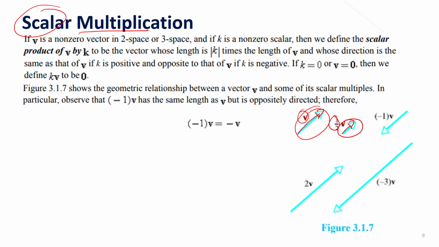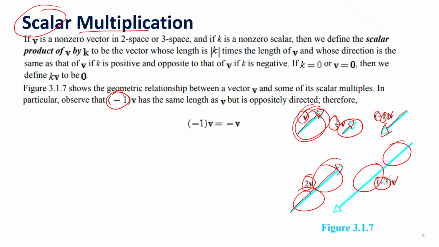But when you multiply it by a negative value, instead of only changing the size, you would also change the direction. Negative one means it's the same size but a different direction. Now, what about a value greater than one? Two v means the size is double the previous one. What about negative 3v? The size is 3 times before, and the direction is the opposite from the previous vector.